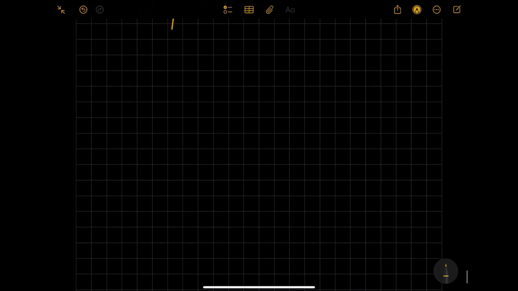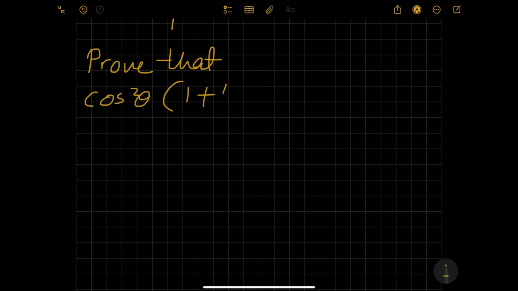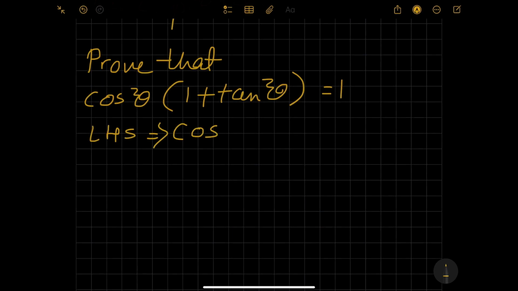Now another question. We have to prove that cos square theta times (1 plus tan square theta) gives us 1. So here I'm going for the LHS, which is cos square theta times (1 plus tan square theta).